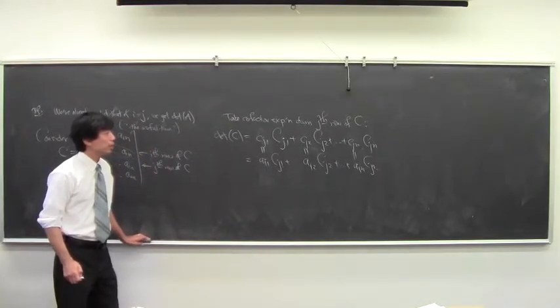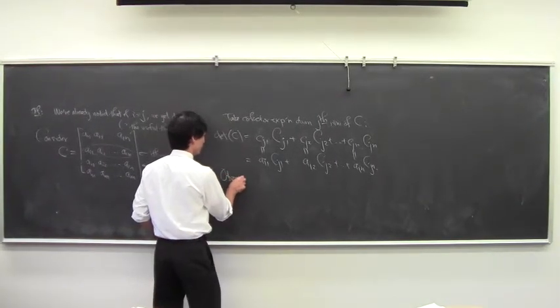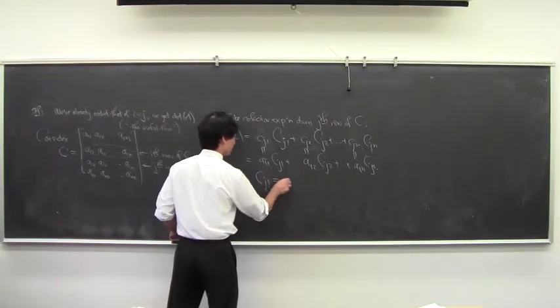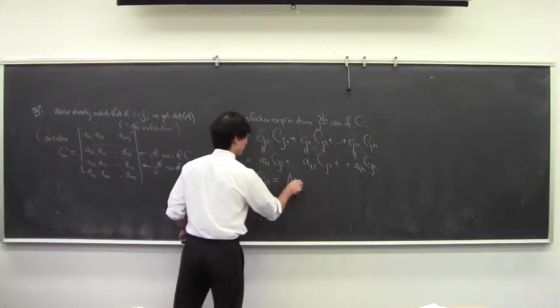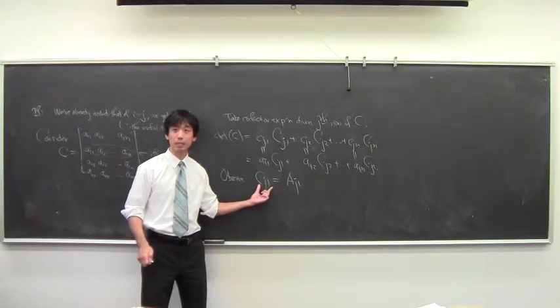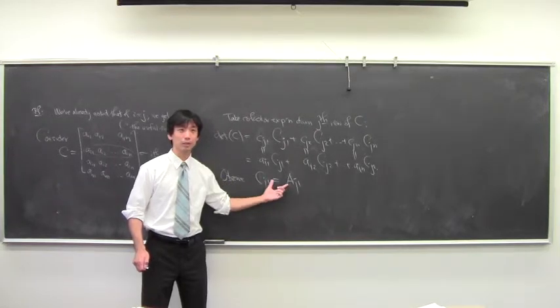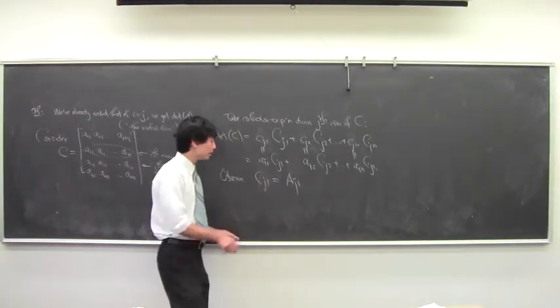Then we observe that the cofactor C_j1 is the same thing as A_j1. The cofactors of C down the jth row are the same as the cofactors of A down the jth row. Is that obvious? That should be obvious. Maybe it's not.